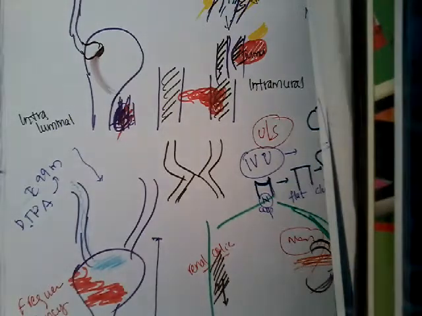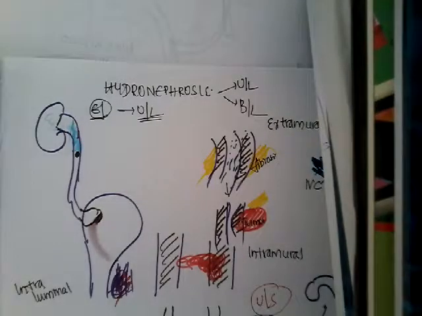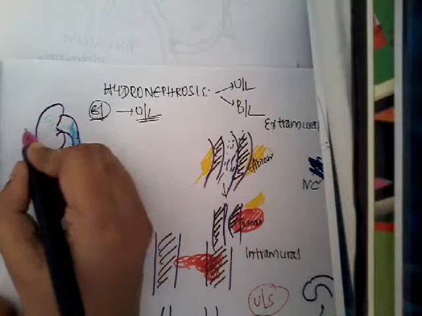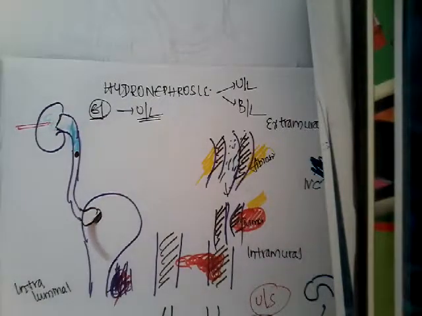There is one more test called the Whitaker test, which we don't do normally. In the Whitaker test, we do a percutaneous puncture of the kidney and inject saline.